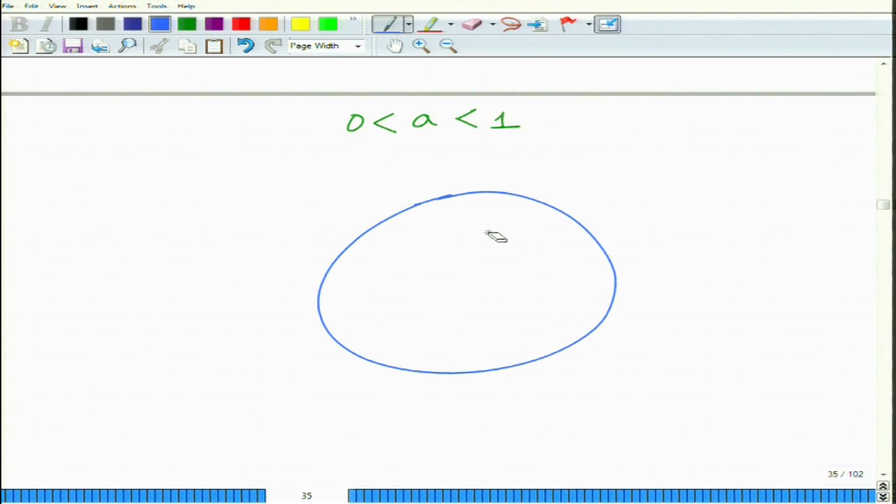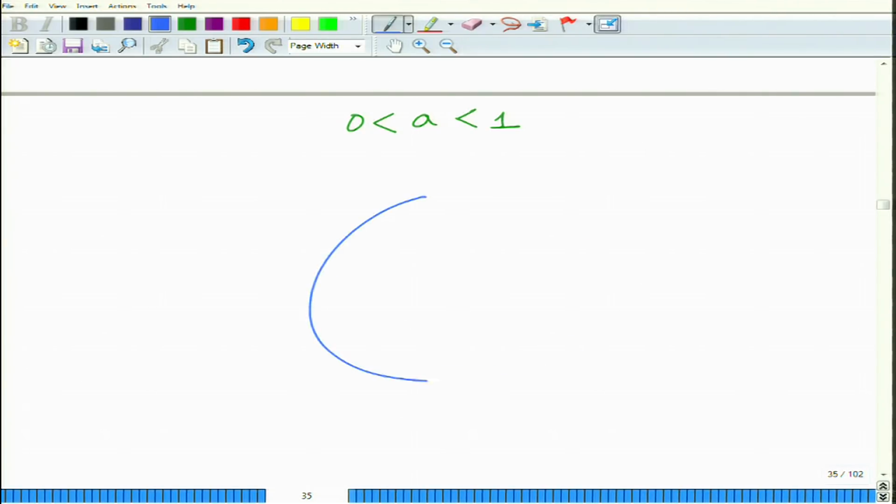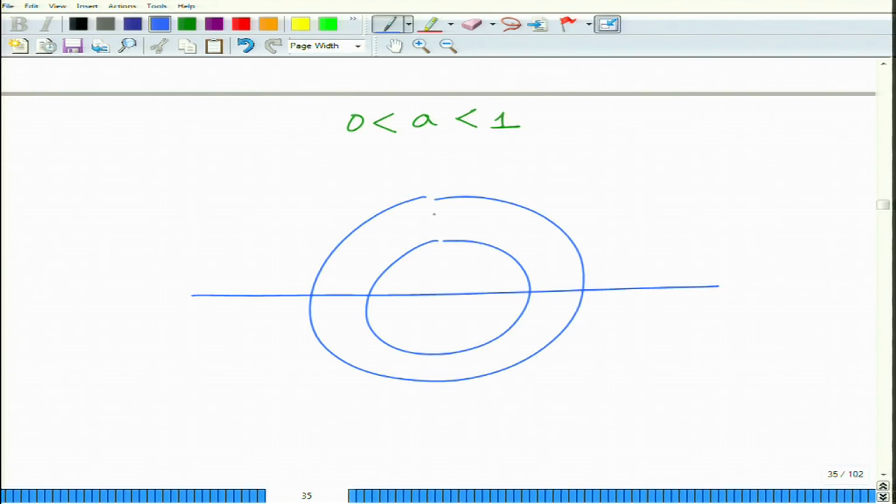We are assuming that magnitude of a is less than 1.